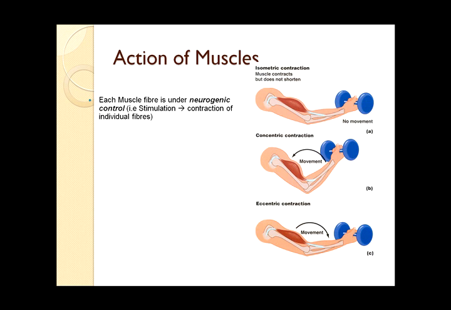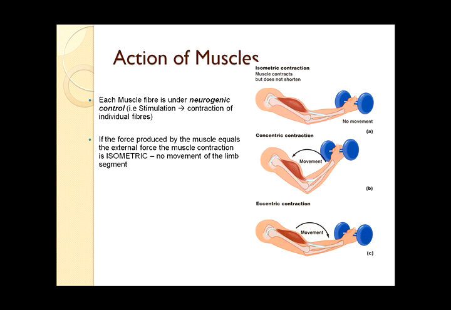Skeletal muscles are under neurogenic control. That means that we can consciously stimulate these muscles, and stimulation leads to the contraction of individual fibres. And depending on how many fibres within a muscle we stimulate, we can graduate our force accordingly.